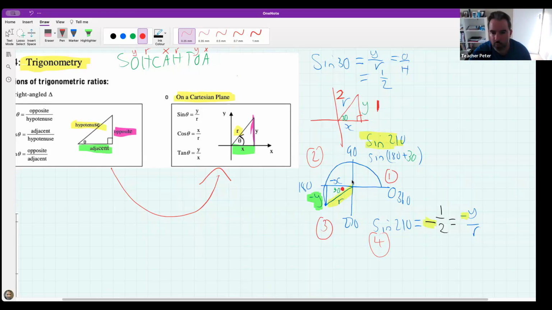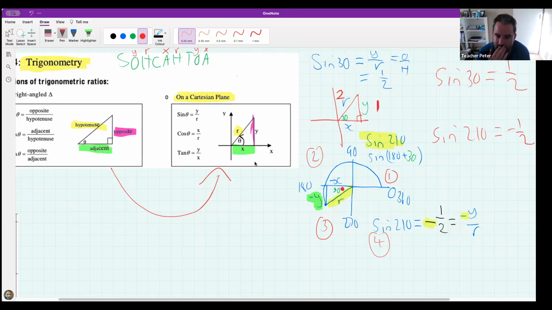Now, some of you will have never seen that before, but does the idea that I can explain with this drawing that the sine of 30 is a half, but the sine of 210 is minus a half, just because of the quadrant it's in, make sense? Can you give me a thumbs up if you can follow that?